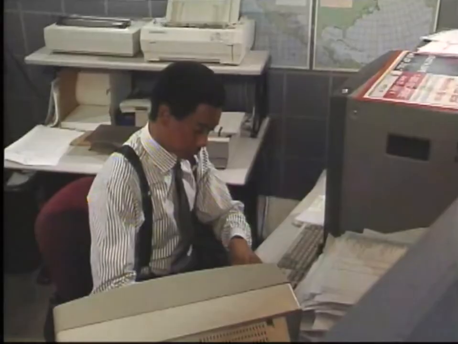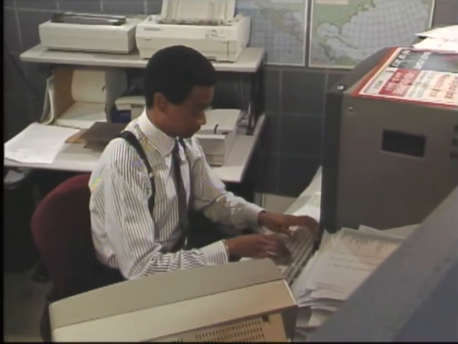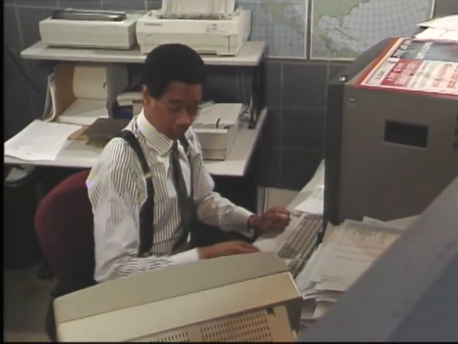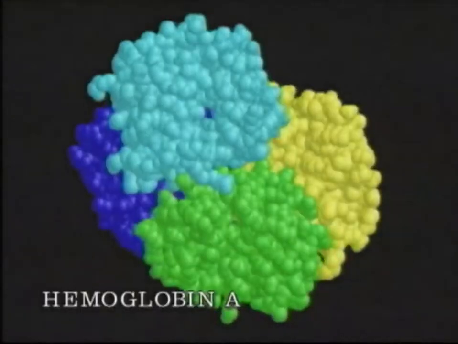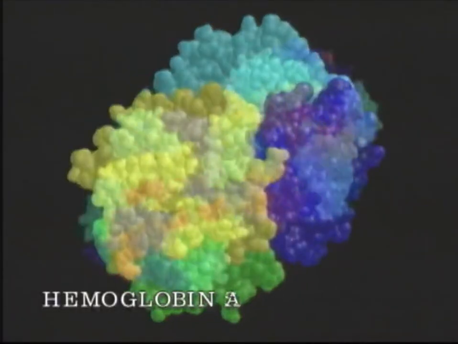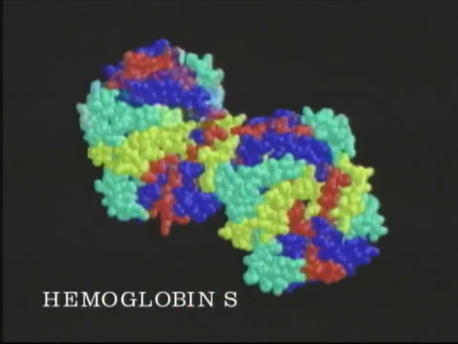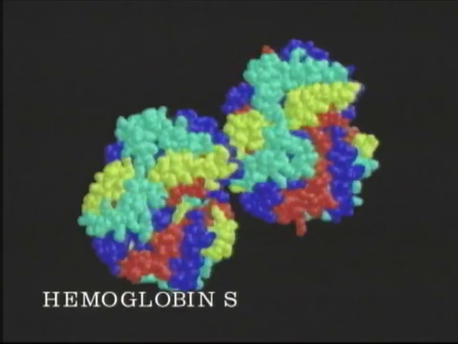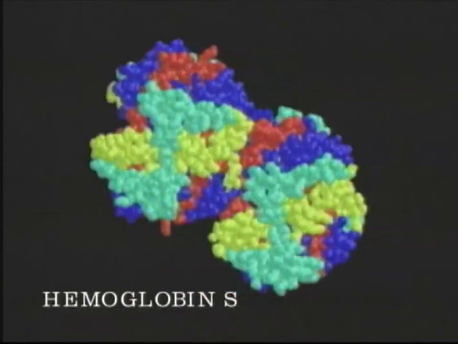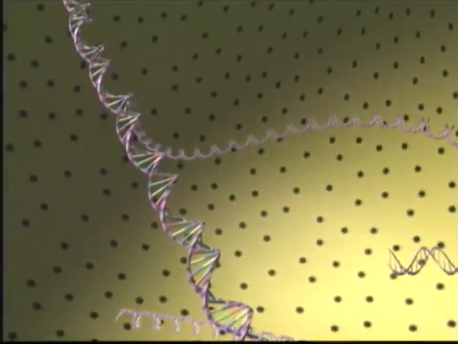Doctors trace this threat back to an error in Christopher's genetic code for making the protein hemoglobin. You start with this genetic defect, all right, at the DNA level that instructs the red blood cells to make hemoglobin S instead of hemoglobin A. Hemoglobin S, because of the amino acid sequence, undergoes a conformational change, a change in its structure.